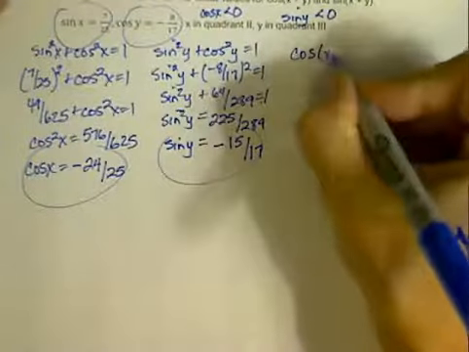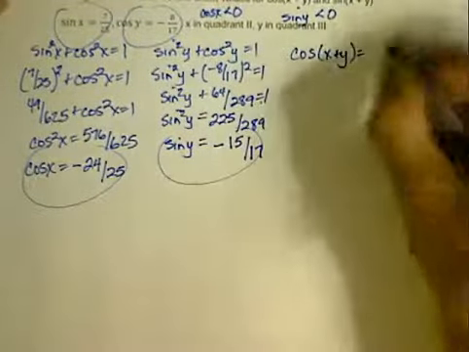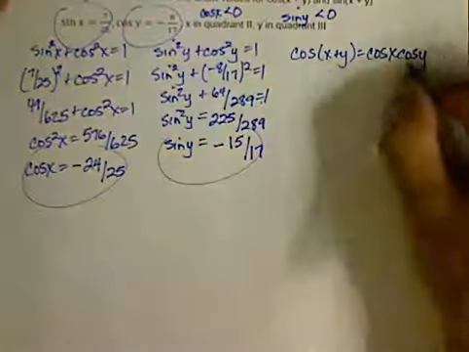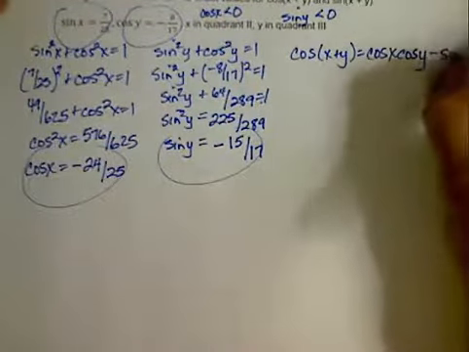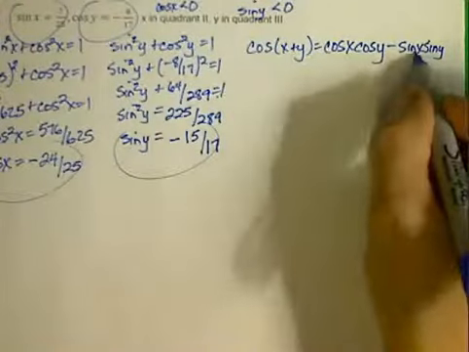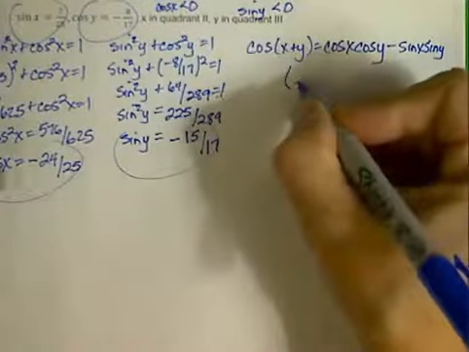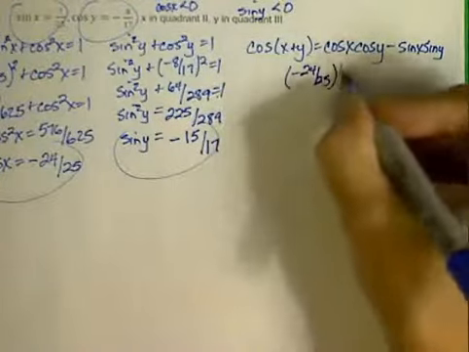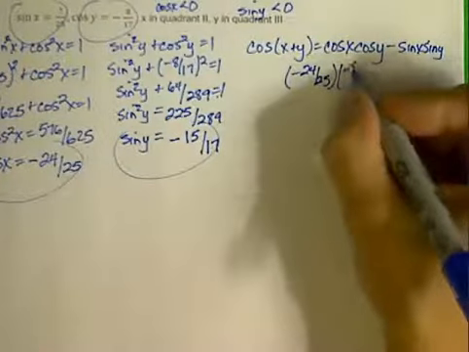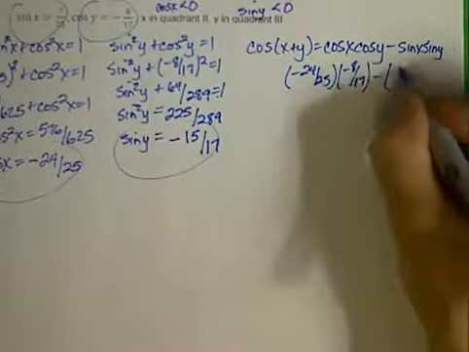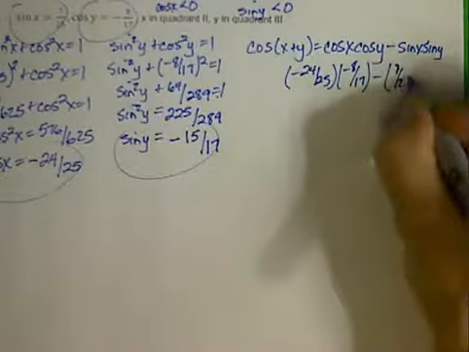To do cosine of x plus y, here's the identity. This would be cosine x times cosine y minus sine x times sine y. Then we're just going to plug in the values that we have. Cosine of x is negative 24 over 25. Cosine of y, we were given, is negative 8 over 17. Sine of x, we were given, is 7 over 25.